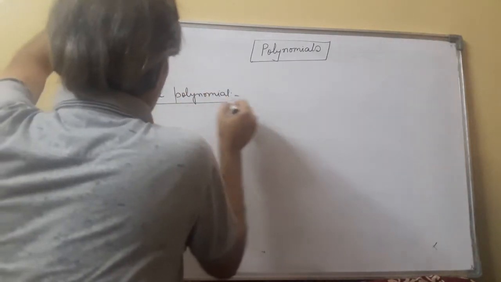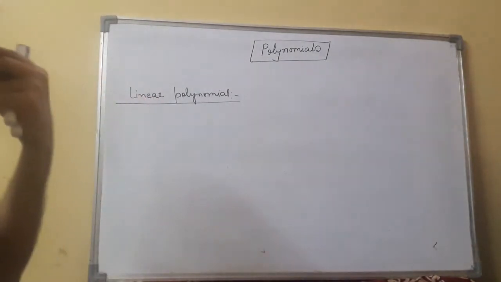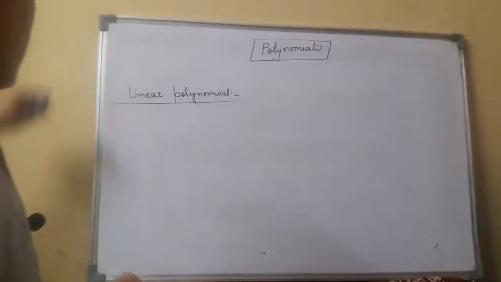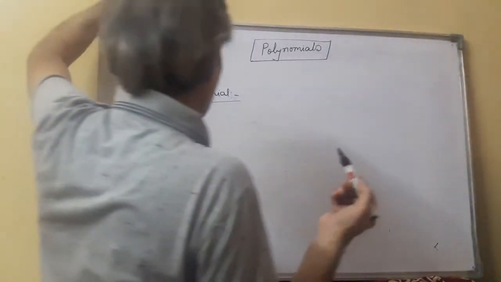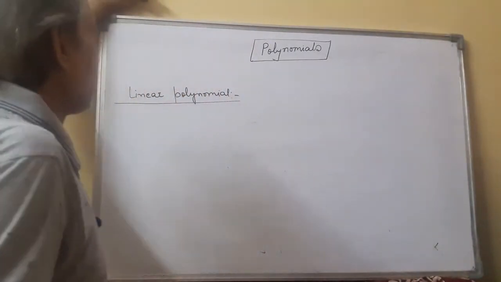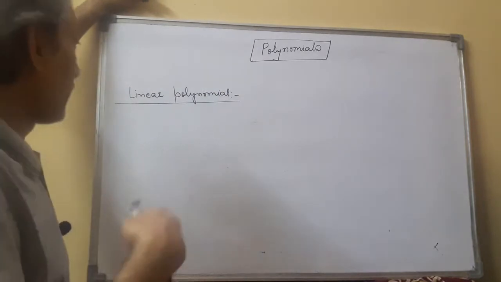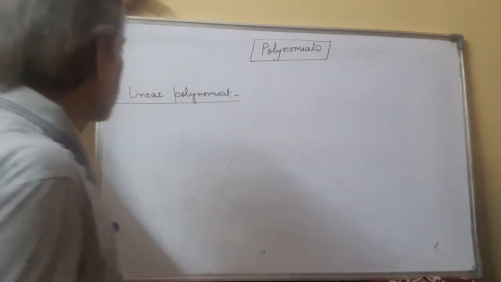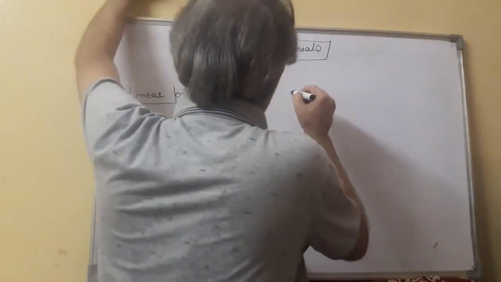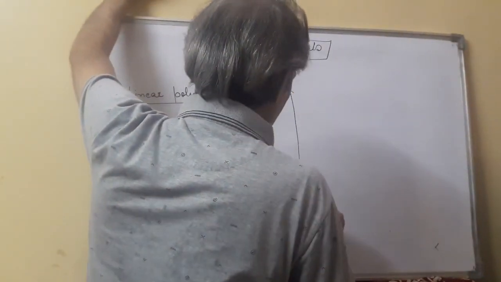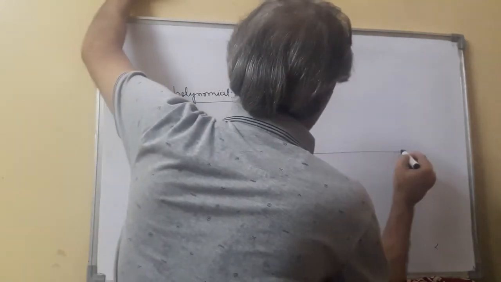Now look, just by taking one example, I will try to explain the geometrical meaning of zeros of a linear polynomial. Then we'll move on to quadratic, or then to cubic. We will take the help of graph.